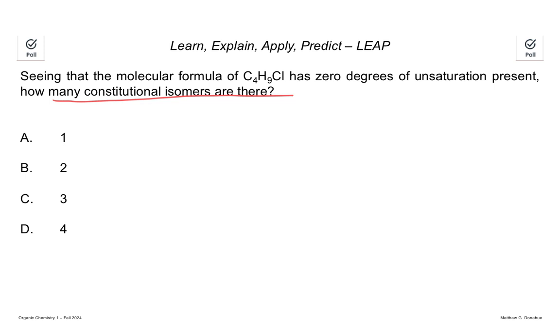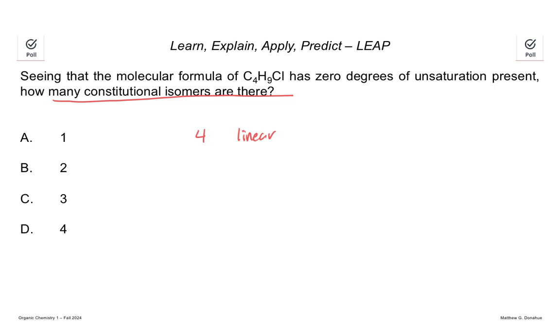So how many constitutional isomers are there? And again, the way we set this up, we'll say for carbon count 4, we'll just start drawing the linear constitutional isomers.